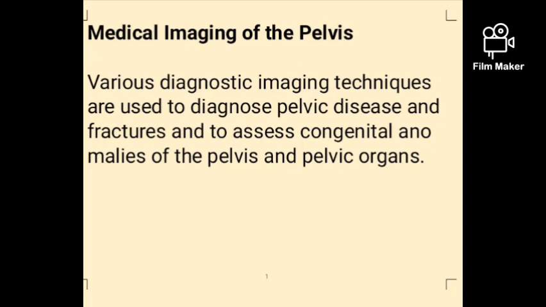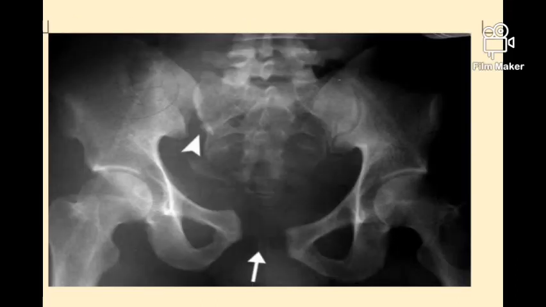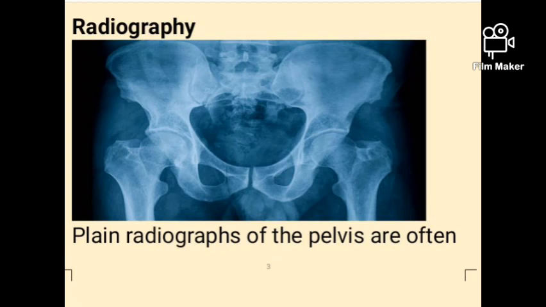For example, pelvic radiograph. When you examine the pelvic radiograph, you'll be able to appreciate pelvic fracture just like you have here. Right here is an illustration of a pelvic radiograph. You can see a fracture of the iliac bone and also dislocation of the pubic symphysis. So radiography is one of the medical imaging modalities that you could use to study the anatomy of the pelvis.